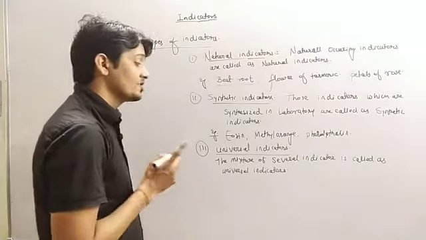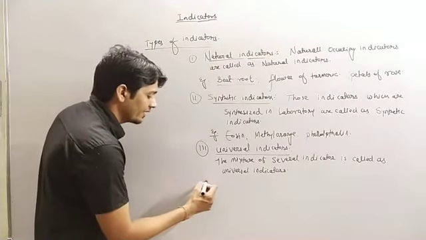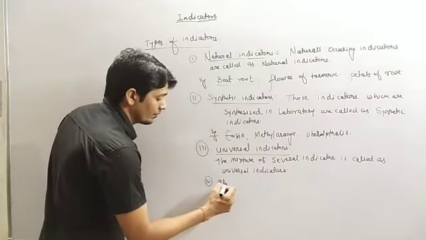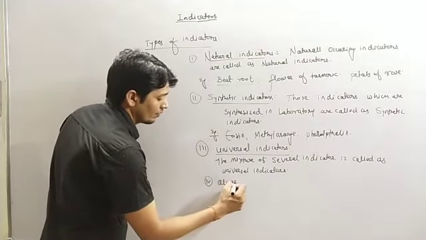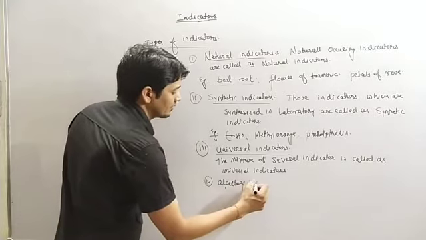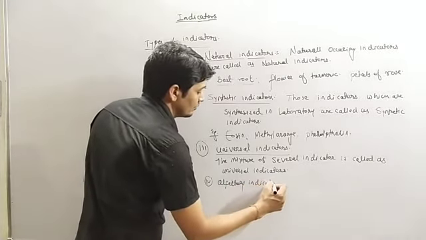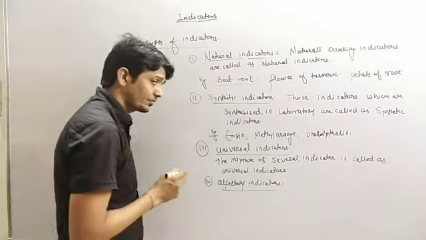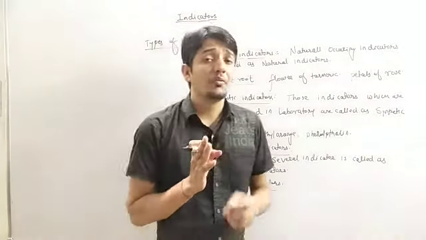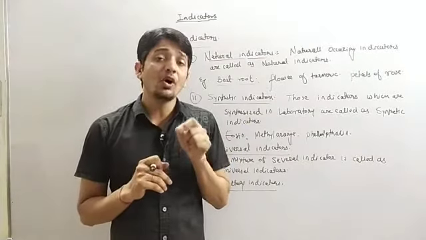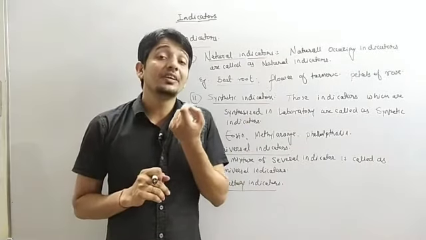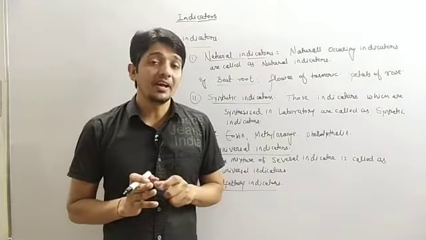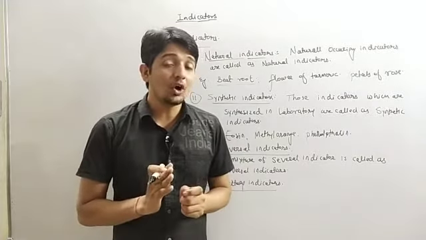Okay, now last but not the least, we have olfactory indicators. So those substances, when we add them in acid or base, they produce different fragrance. So on the basis of fragrance we can identify whether the substance is acidic or base.